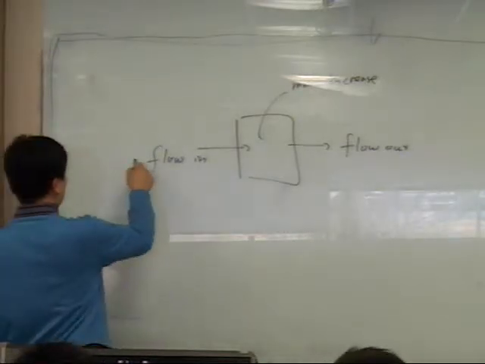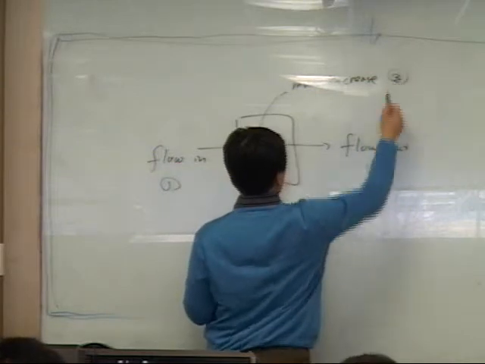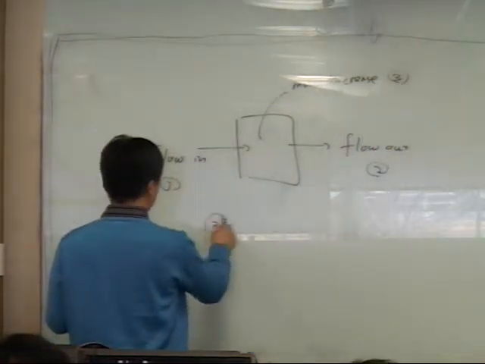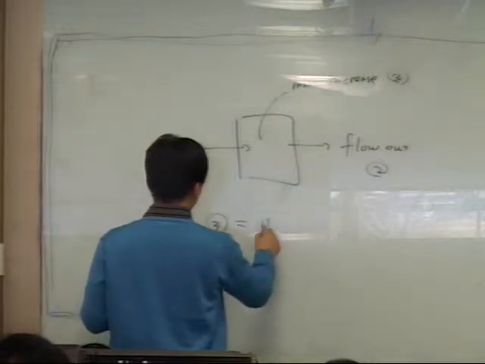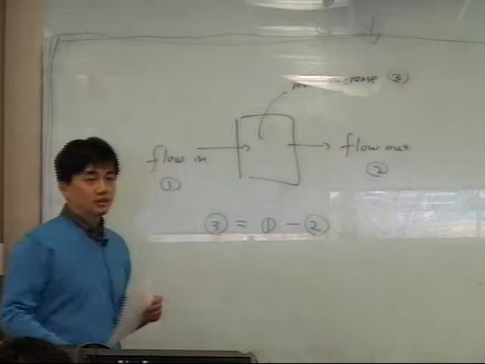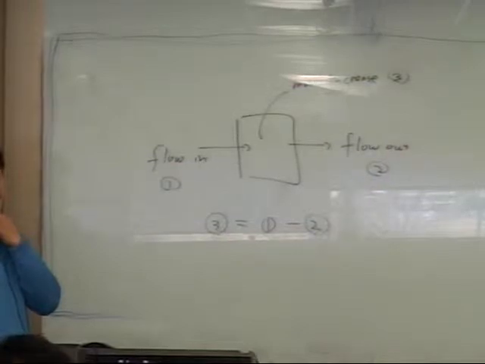So this is going to be our equation 1, this is equation 2, this is equation 3. The mass increase will be flow in minus flow out, right? Due to the mass conservation.